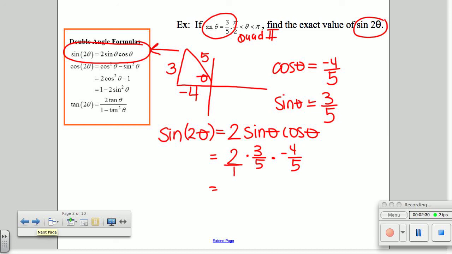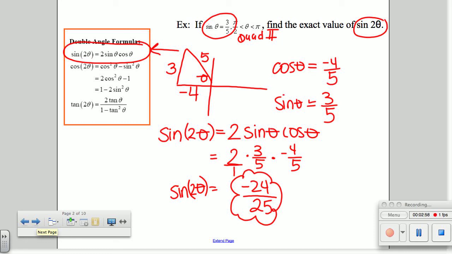Remember, this is like 2 over 1. 2 times 3 is 6. 6 times negative 4 is negative 24. And 5 times 5 is 25. So we get negative 24/25, and that's the value of sine of 2 times the angle theta. So whatever theta is, if I double it, the sine of that value is negative 24/25.